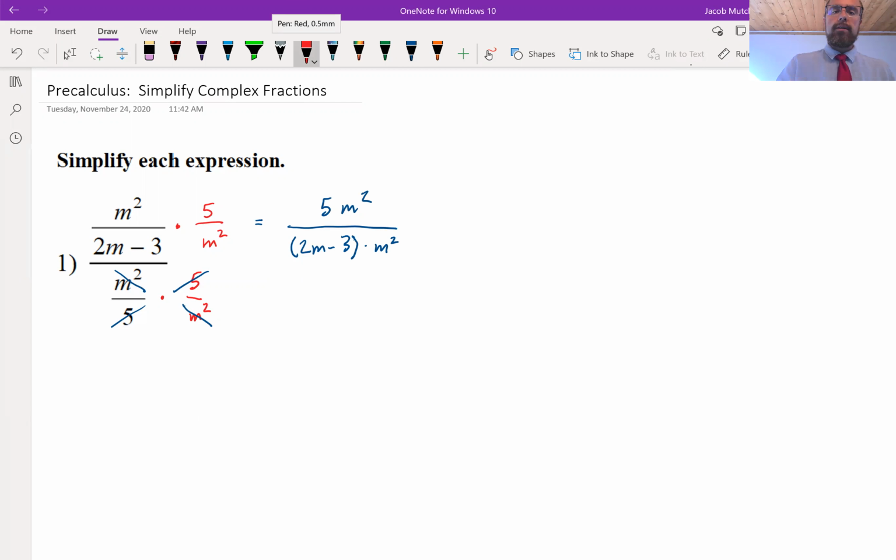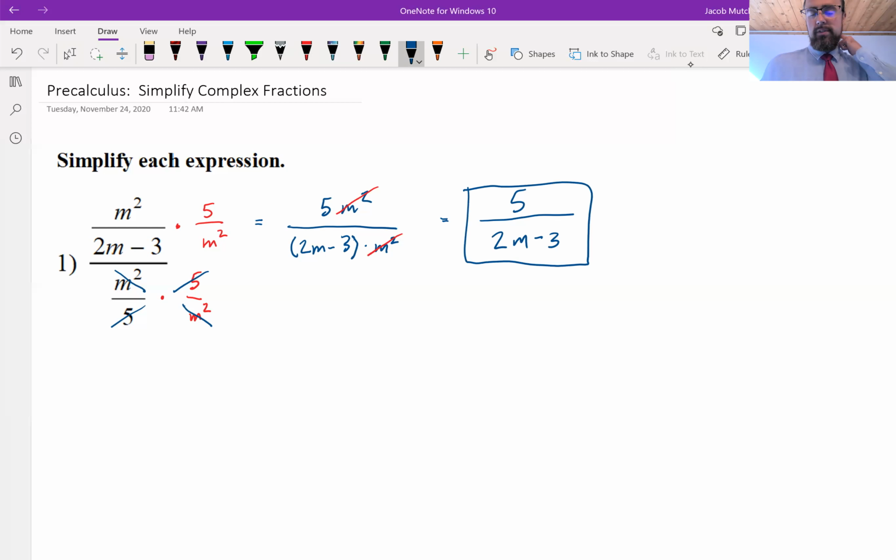I'm somewhat tempted to distribute the m squared through that binomial, but I see that I've got a cancellation. So instead of distributing, I cancel m squared, and that reduces my fraction down to just 5 over 2m minus 3. And that is complete. We've simplified the expression down to one single numerator over denominator.